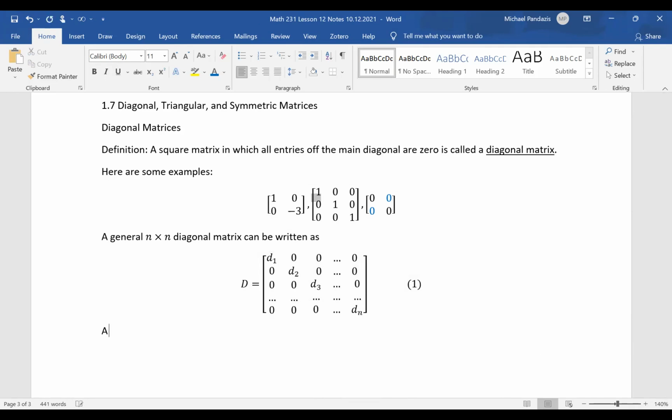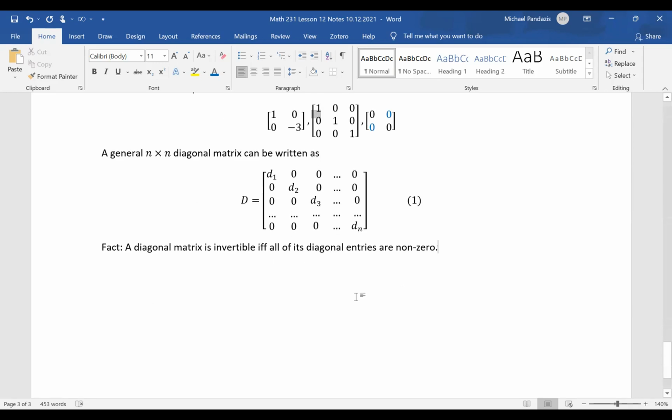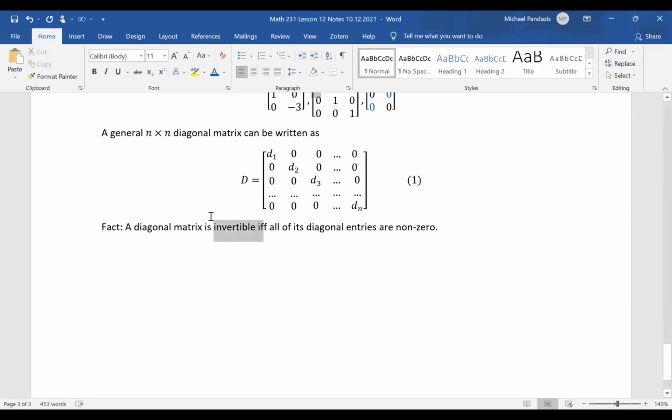A diagonal fact. A diagonal matrix is invertible if and only if all of its diagonal entries are non-zero. Okay, so remember, if and only if means that the two statements have the same truth value.